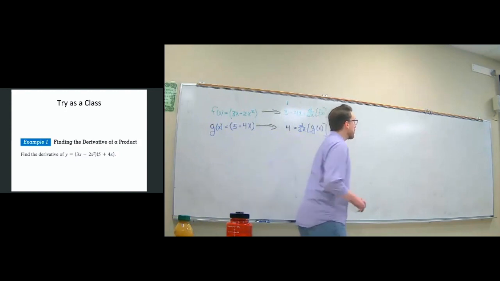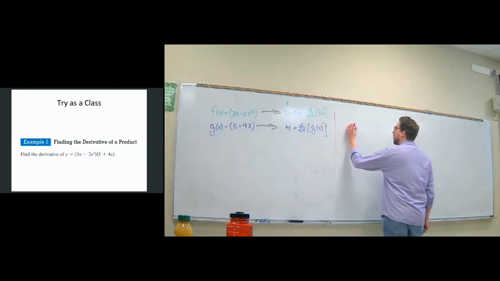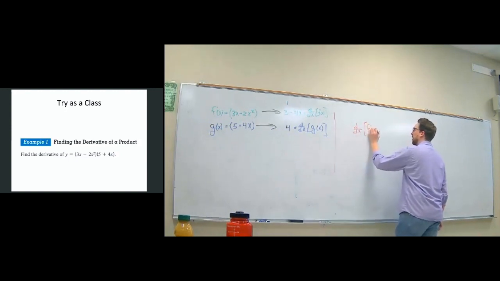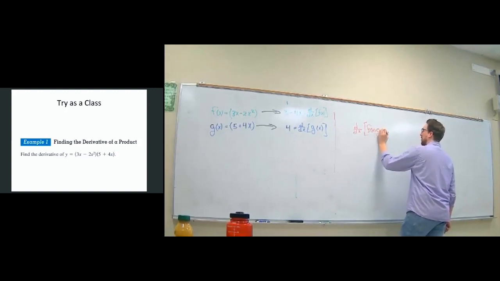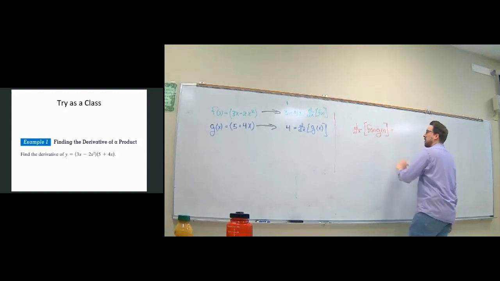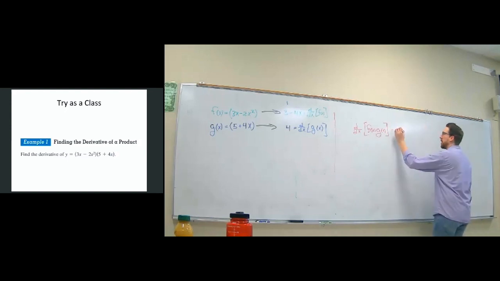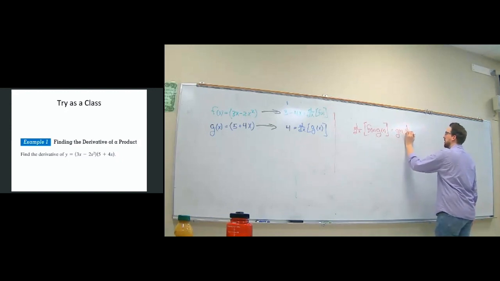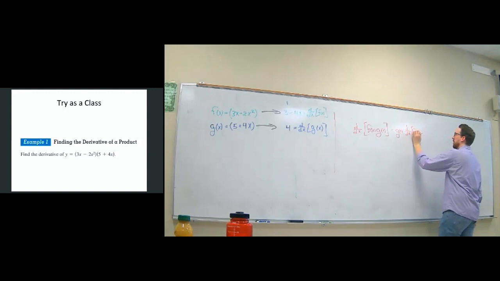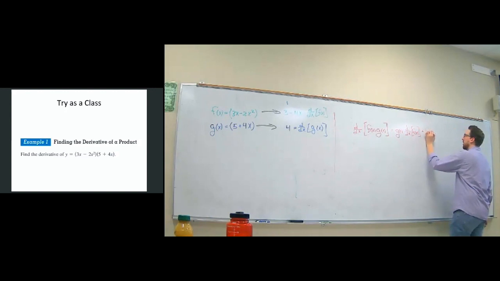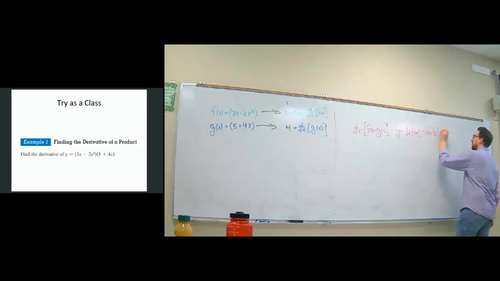So, to answer the question, what is this derivative? Well, this is just going to be g of x times the derivative of f of x plus f of x times the derivative of g of x. We already found those derivatives.